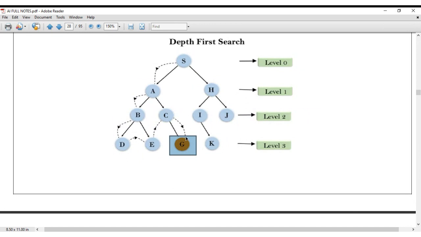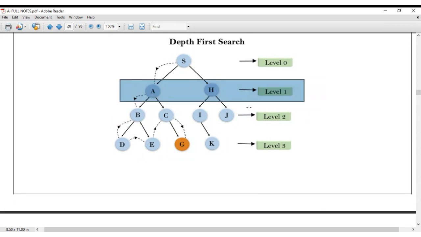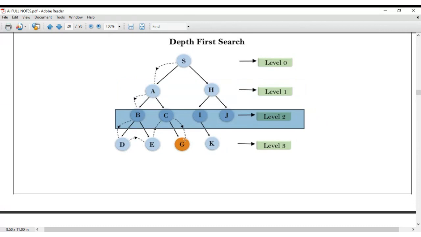But breadth first will have to do what? It will have to search every node. It will have to test every node in every level, and that wastes a lot of time. So there is that, and also space complexity.